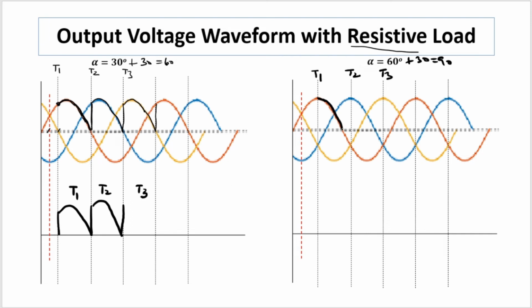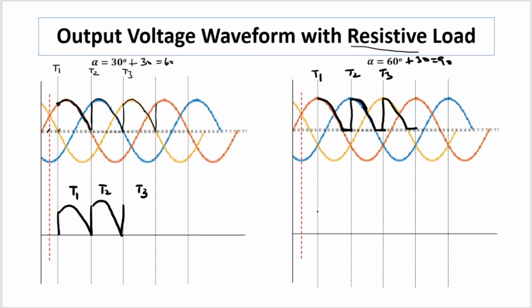At instant 0, current becomes 0, the thyristor will be automatically turned off, and at this point there is no thyristor which is conducting, that is neither T2 nor T3. That's why this is a 0 voltage or 0 current duration. After this T2 will be fired, and a similar condition repeats, and then T3 will be fired.